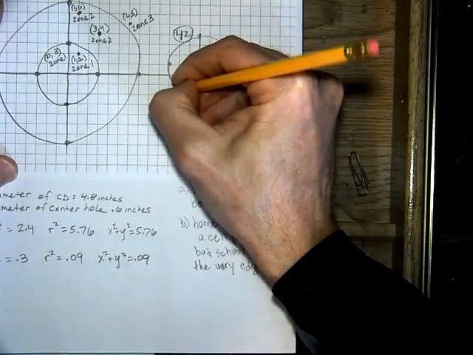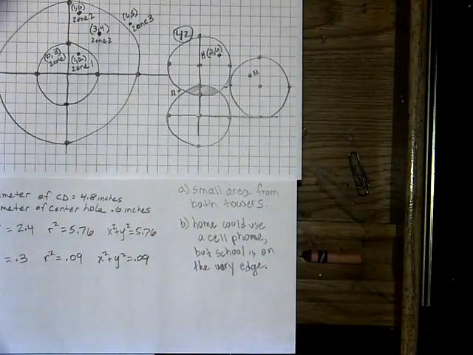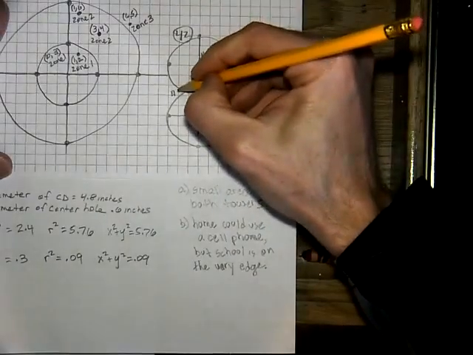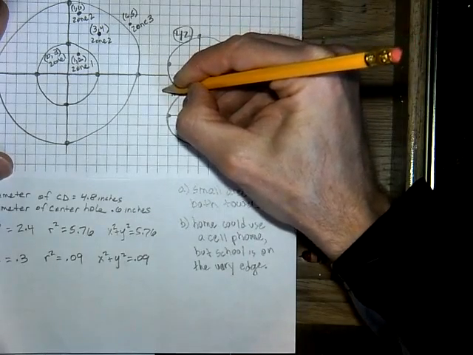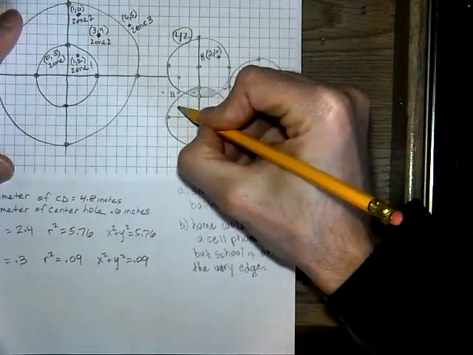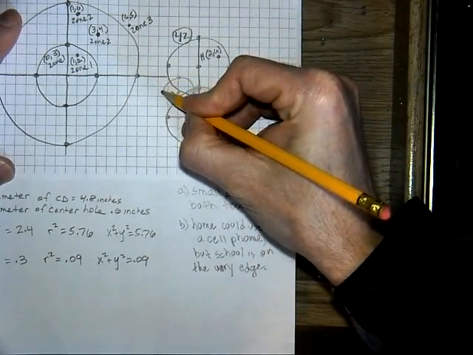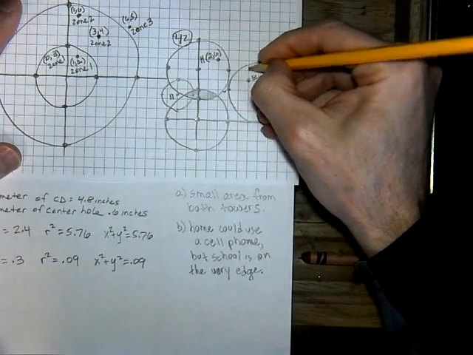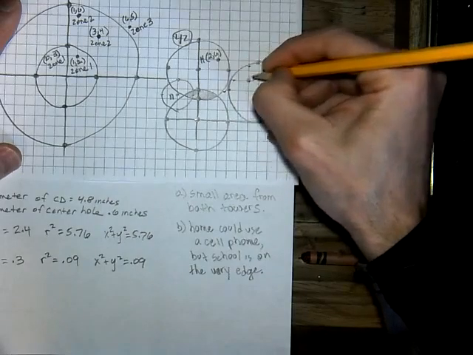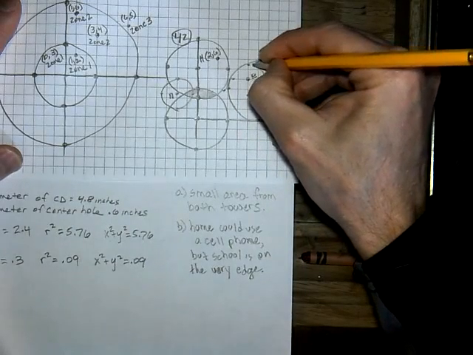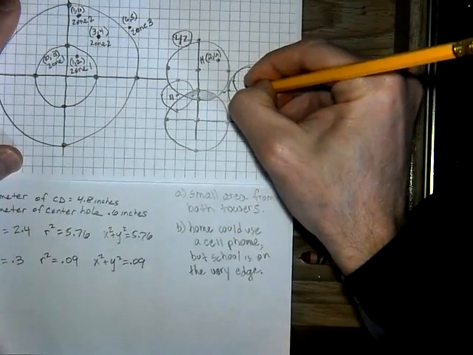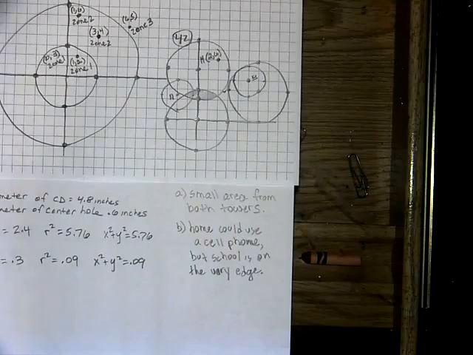That's city B, that's city A. Each has a radius of 1.5. Which city seems to have better cell phone coverage?